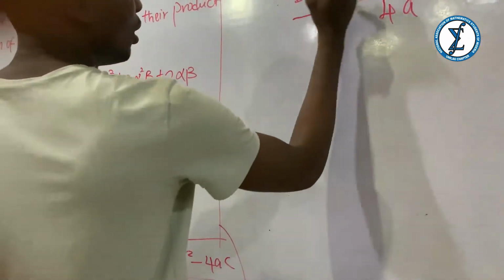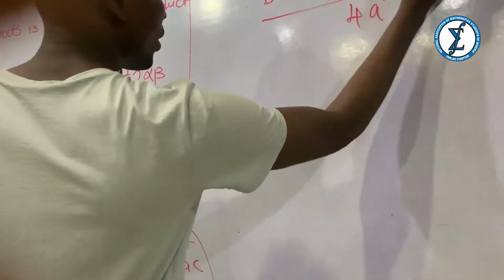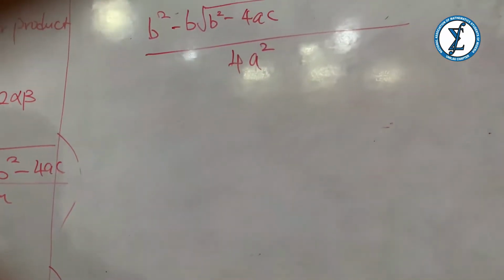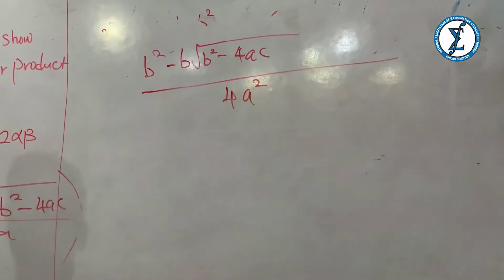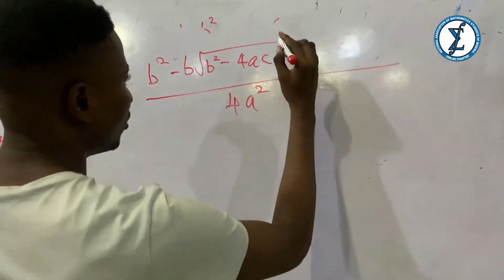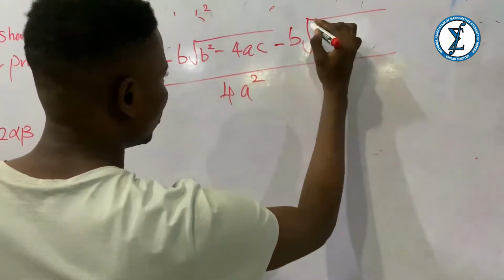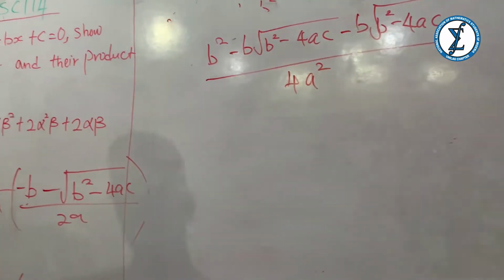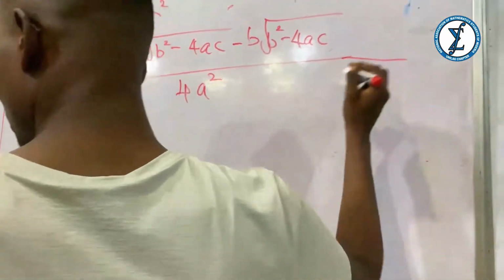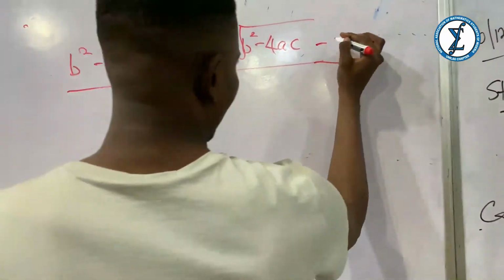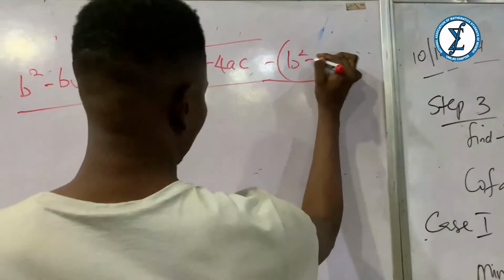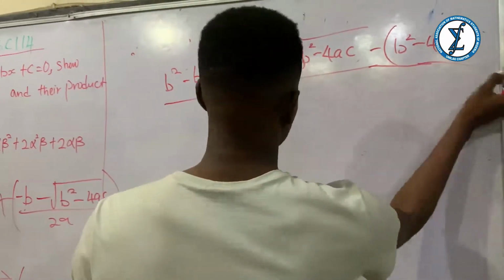This will give me minus b times the square root of b squared minus 4ac, and this will give me the same thing. Then this will give me what? Minus b squared minus 4ac.